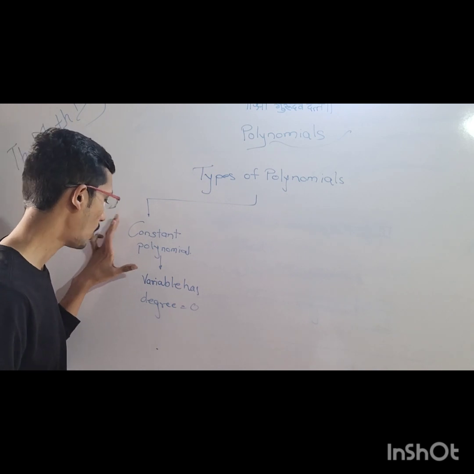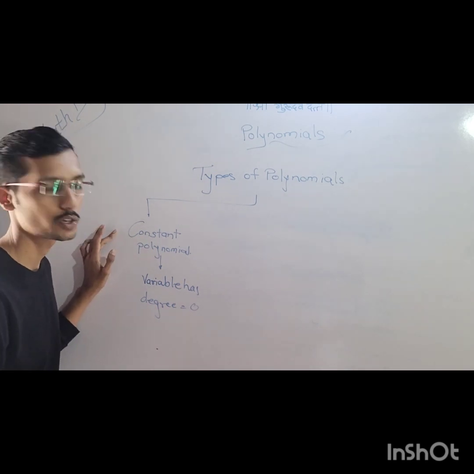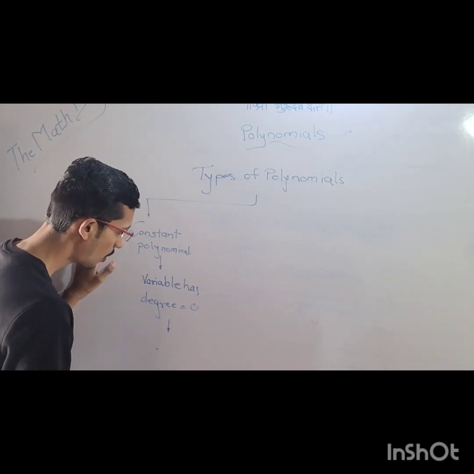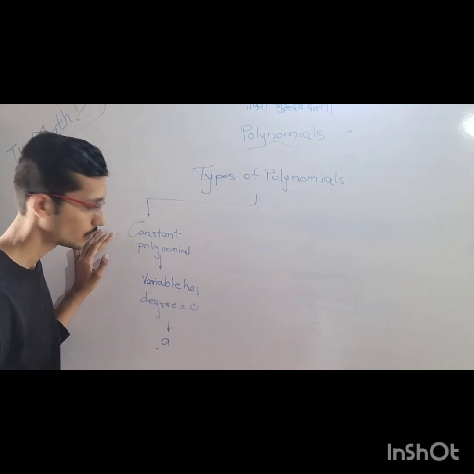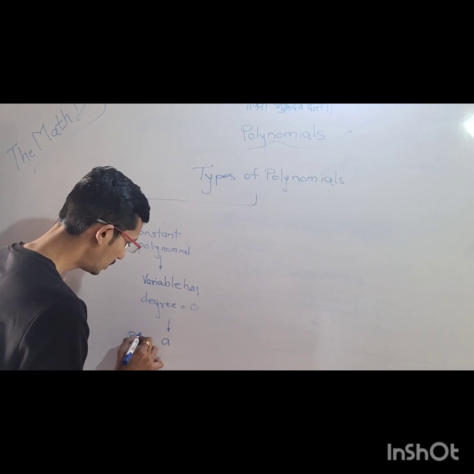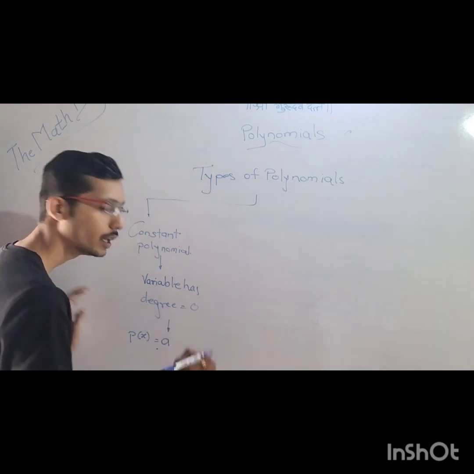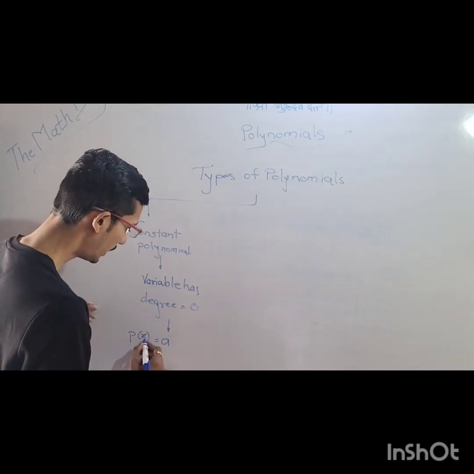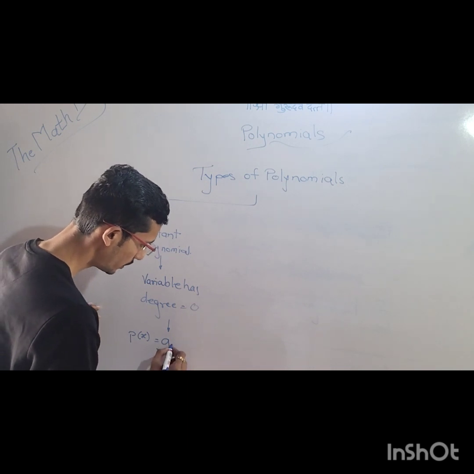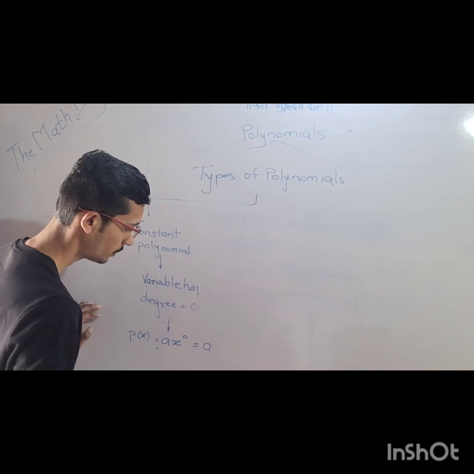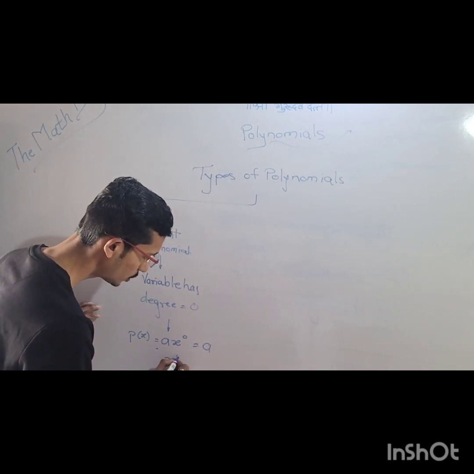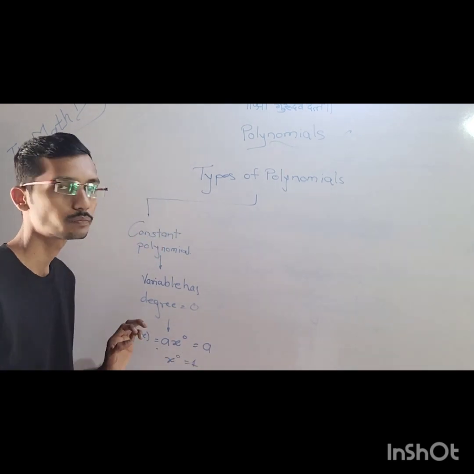So the polynomial with degree 0 is called a constant polynomial, and the constant polynomial is written as p of x equals a, and x has degree 0. That means a into x raised to 0, which is equal to a, as we all know x raised to 0 equals 1.